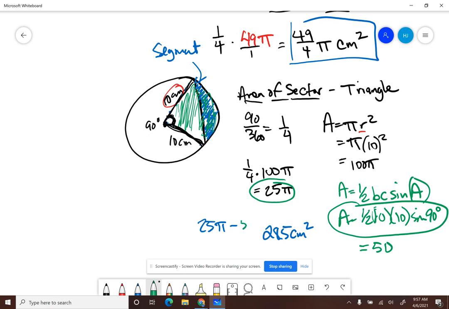And so I'm going to take 25 pi minus 50, go ahead and put that in my calculator as well, and it actually gives me 28.5 if I round that to the nearest tenth, 28.5 centimeters squared. Okay, so that would be my final answer.